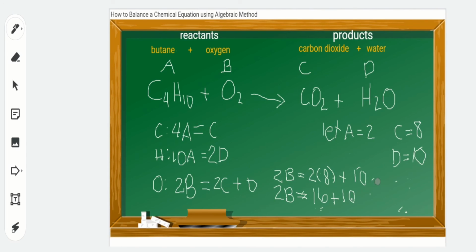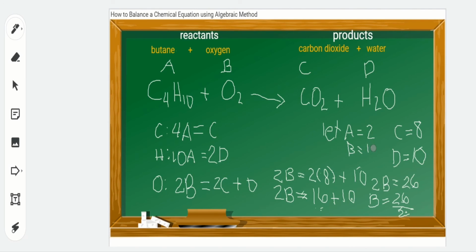So 2B is equal to 26. And if we get the half of 26, B is equal to 26 divided by 2. Definitely that is 13. So B is equal to 13.